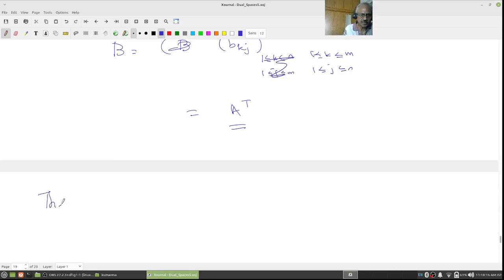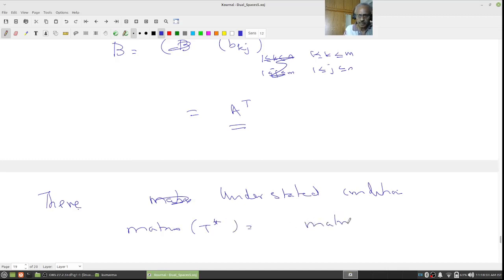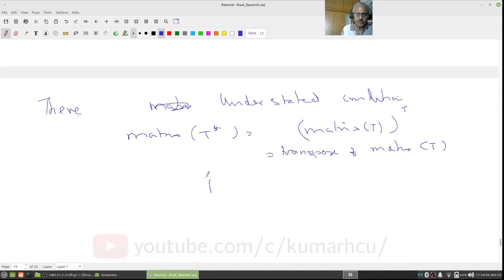So we have proved a theorem under stated conditions: the matrix of T star is the matrix of T, and take its transpose. So pause, review, proceed.